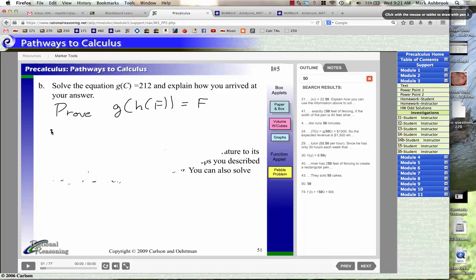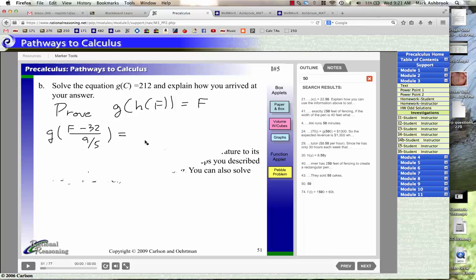So I have G of H of F equals... So what did you put in for G? F minus 32 divided by 9/5. Here's his first step. What do you guys think? He took the rule for H, which is the output of H, and plugged it into G. Is it right?